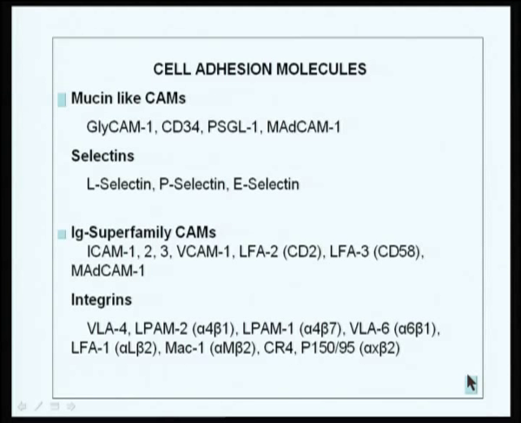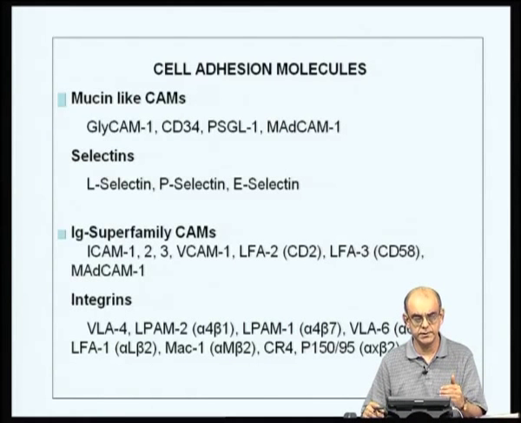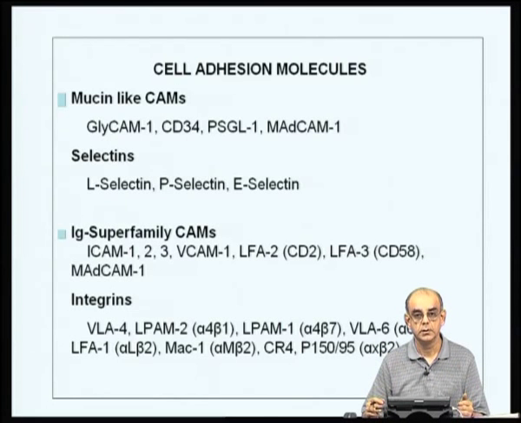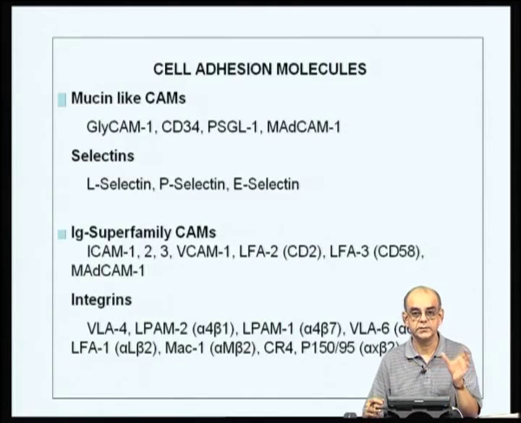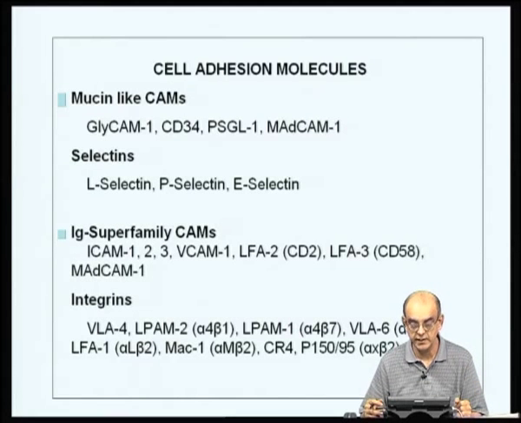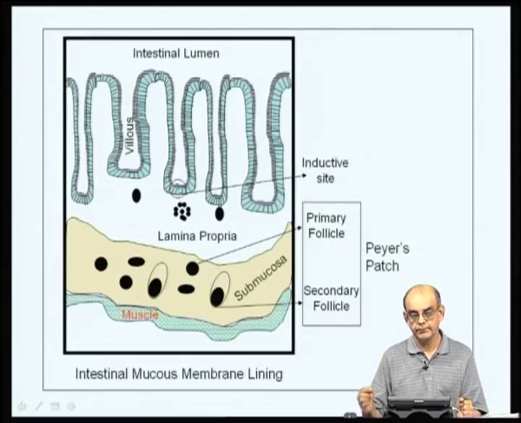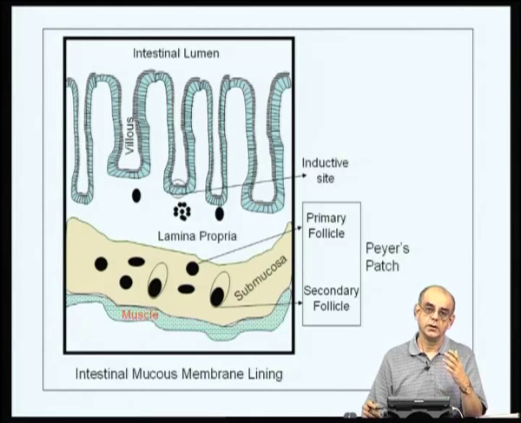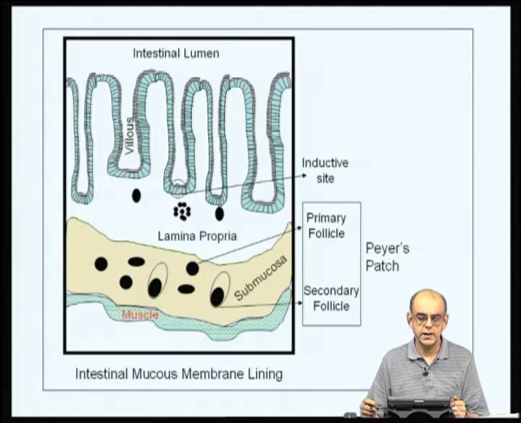So, going back to the cell adhesion molecules, to summarize, there are 4 different families of these cell adhesion molecules, which I have just now described, and these are the molecules that take part in pairwise interaction with counterparts that are expressed on the vascular endothelial cells, as well as the lymphocytes that need to traffic specifically into specific lymph nodes. So, going on further, we have now covered the structure and the roles of secondary lymphoid organs like the various types of lymph node.